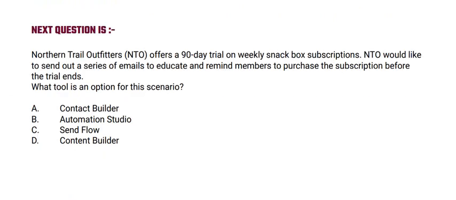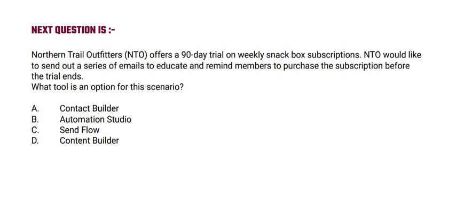Next question is, Northern Trail Outfitters NTO offers a 90-day trial on weekly snack box subscriptions. NTO would like to send out a series of emails to educate and remind members to purchase the subscription before the trial ends. What tool is an option for this scenario?